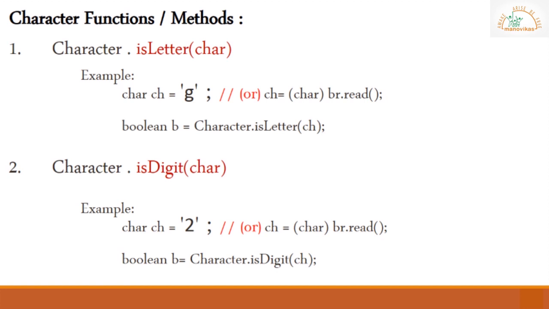So when I use it in this statement, variable B will have the result as true because my assigned character is a digit. So Character.isDigit of CH will give the result as true, and B will hold the value true.